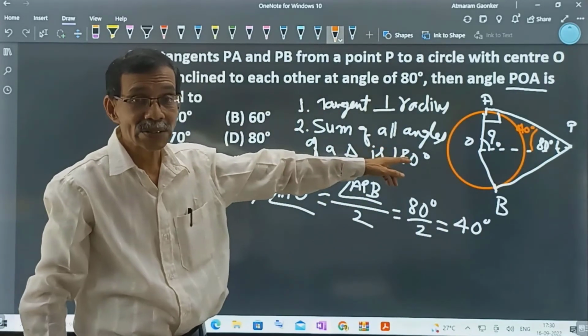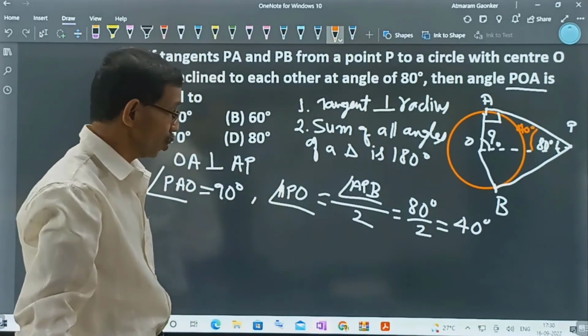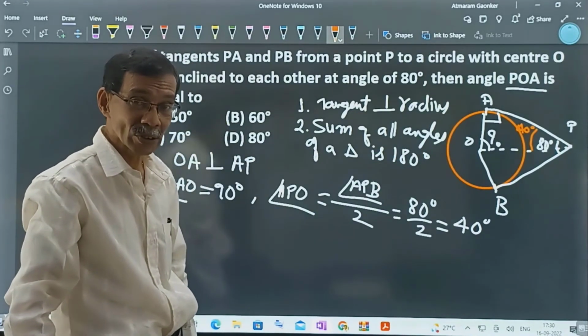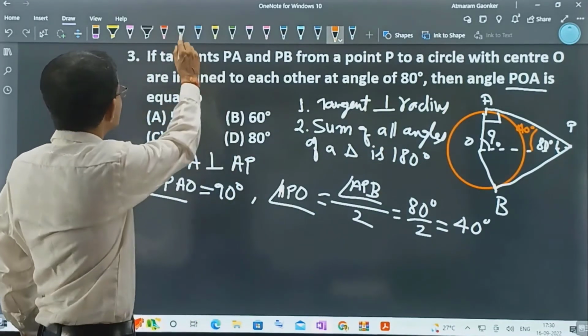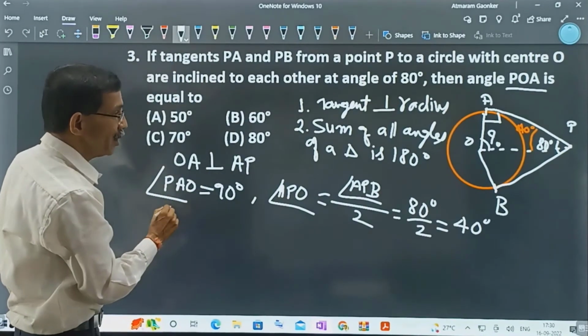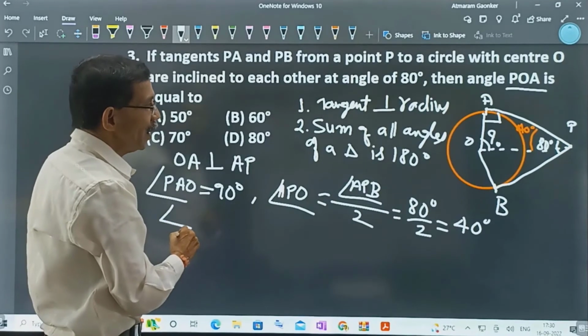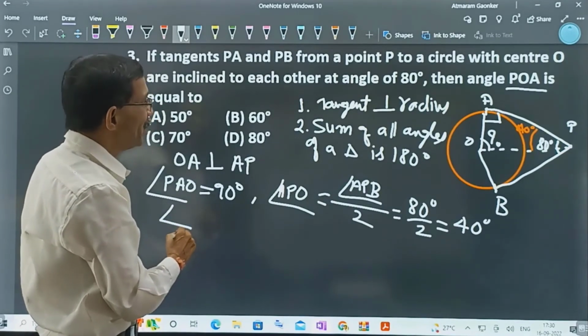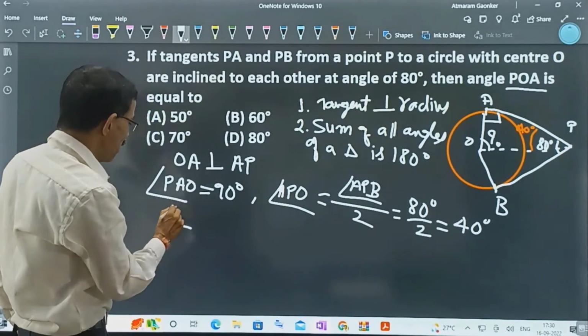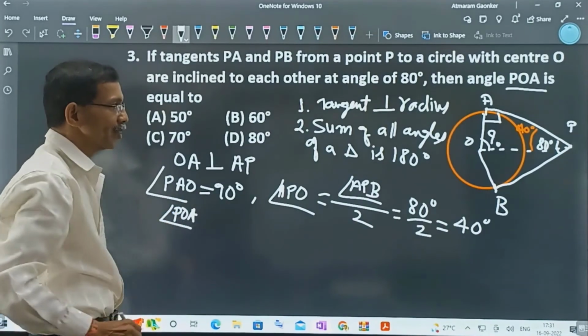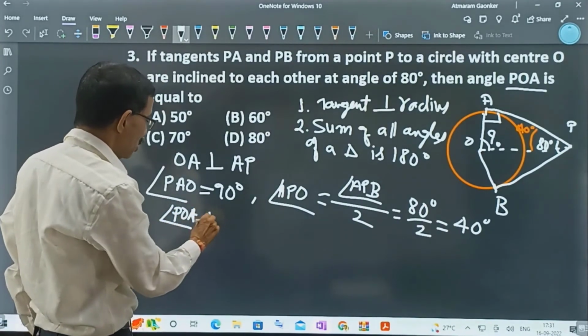So out of 3 angles, we know 2 angles. So we will write the sum is equal to 180 degrees. First of all I will write angle AOP or POA, both are same, which is asked.